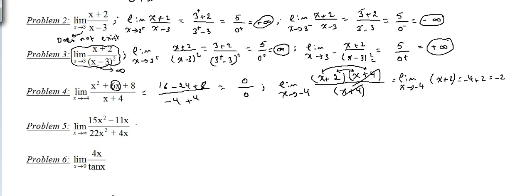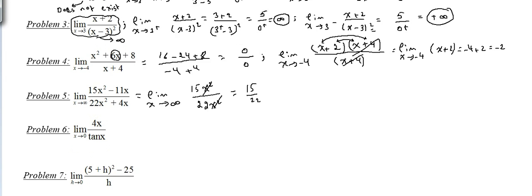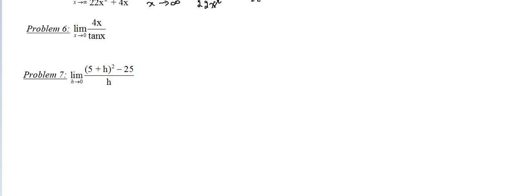Problem 5, we did some rules about that because x tends to infinity. X approaches infinity. We can take only the 15x squared over 22x squared and simplify the x squared. So the answer will be 15 divided by 22. Problem 6, limit of 4x over tangent x as x approaches 0. We always have to substitute instead of tangent x, sine x over cosine x.